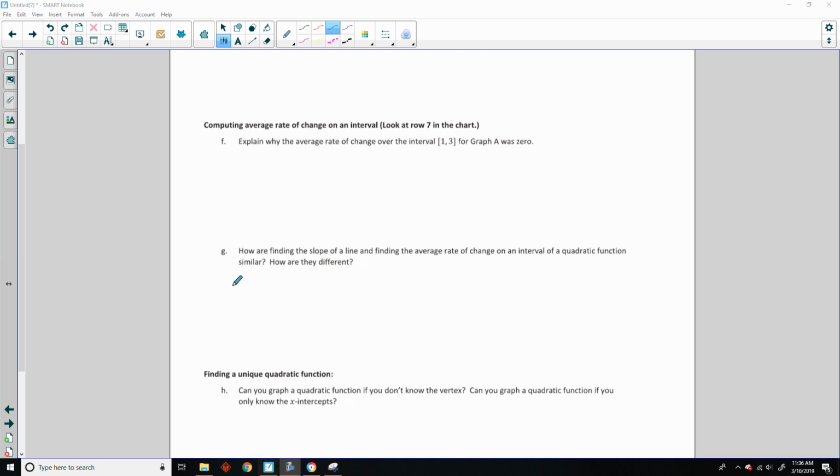Well, they're similar by using our formula, y2 minus y1 over x2 minus x1, if you will. If we use function notation, then it'd be f of b minus f of a, divided by b minus a.